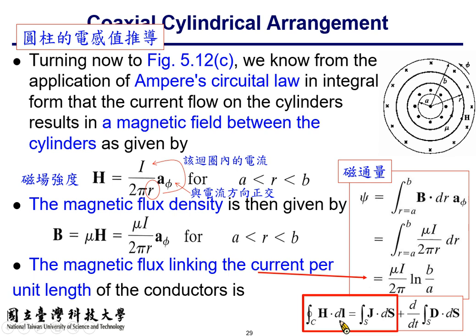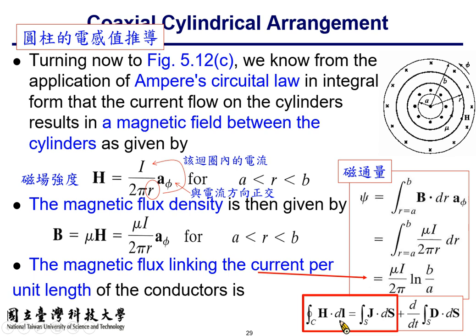Then it's not the magnetic field intensity directly, but the magnetic field intensity H times the length of this path, the closed loop integral of H, that equals the total current passing through this yellow area.